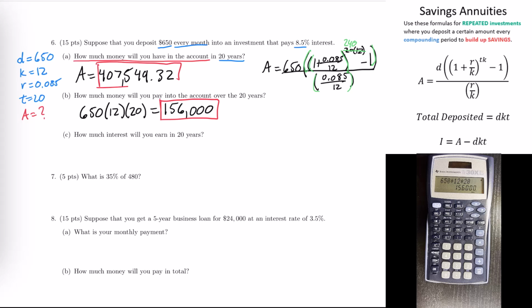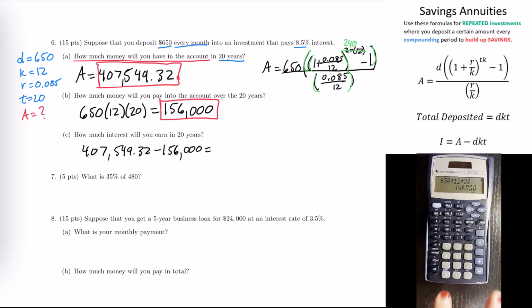And then for part C, to find the interest earned, I basically say, well, the amount of money I have in the account is $407,549.32. The amount that I put into the account out of my own pocket was $156,000.